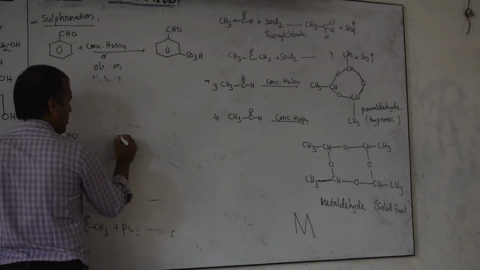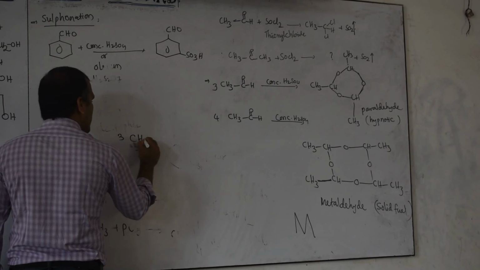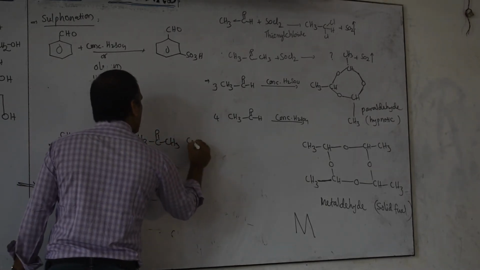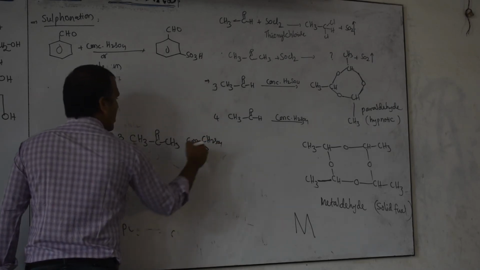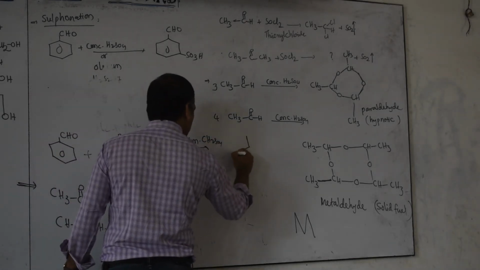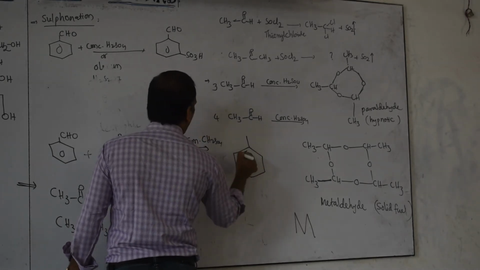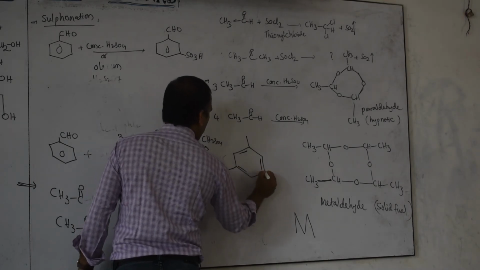Now acetone, 3 moles of acetone. These 3 moles of acetone react with concentrated H2SO4. Then it forms like this.